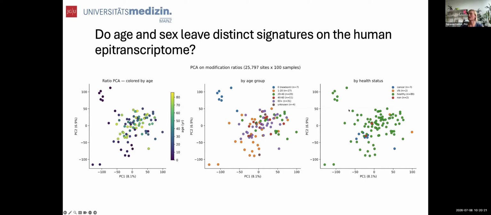Then we also were asking whether we can predict health status or see anything if we investigate the health status of these subjects. And that's why we also added samples of a cancer patient or from a chronic fatigue syndrome patient, but on the global level, you really do not see any kind of strong differences.